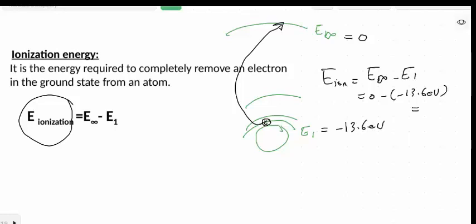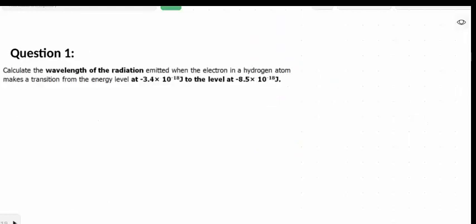So the answer will be positive 13.6 electron volt, which means to remove this electron completely from the hydrogen atom, you need 13.6 electron volt.